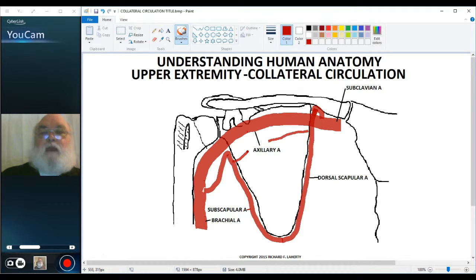Well, the same thing happens on the anterior surface of the scapula. The dorsal scapular artery and the subscapular artery send branches across like so, increasing the redundancy of the circulation.